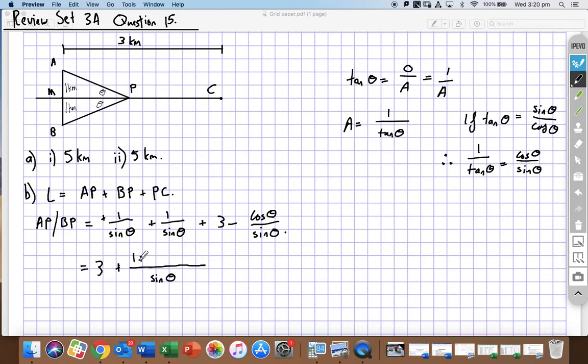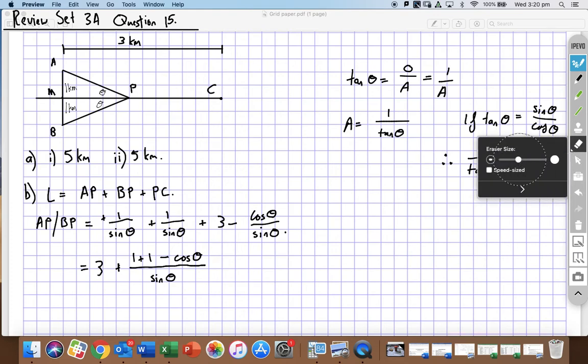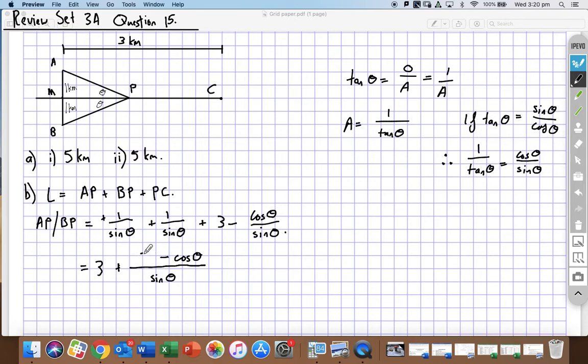We've got 1 plus 1 from here and here, minus cos. Now, of course, 1 plus 1 is just 2. So I'm going to go to that straight away. And I think this is our length equation that we're looking for.